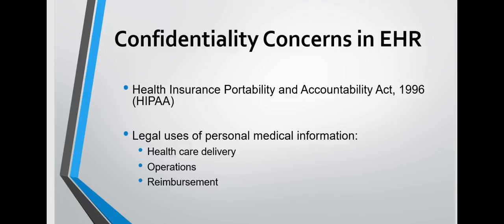Now, revisions to HIPAA under HITECH add more stringent rules for disclosure of breaches of confidentiality. So the inclusion of vendors and subcontractors who must comply with HIPAA requirements, restrictions on the use of personal health information for marketing purposes, patient authorization related to the use of personal health information for research purposes, the use of genetic information for underwriting purposes by health insurance plans, and the patient's right to receive electronic copies of their health information.